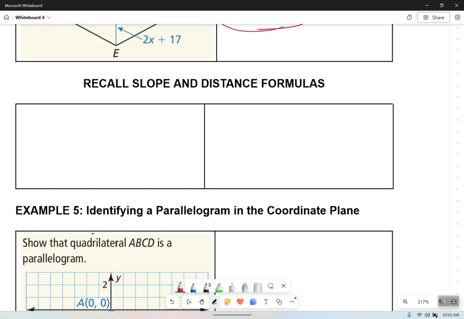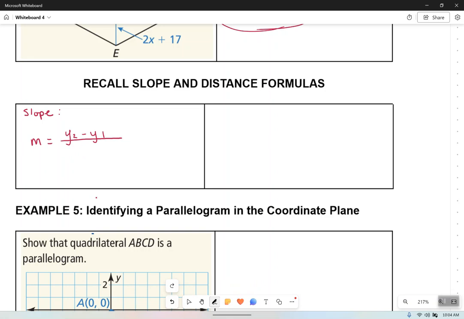Okay. All right, so in order to be successful with this next one, it's going to say recall some slope and distance formula. Let's write our slope formula right down here again, kids. Slope, this is a tricky one. Anybody recall the formula for slope? Okay, if you don't, I'll write it down. Oops, I messed that up.